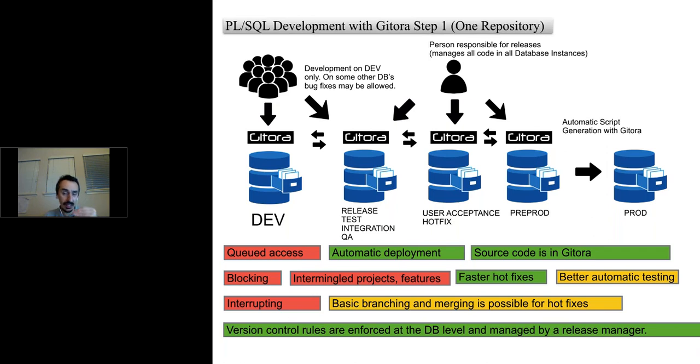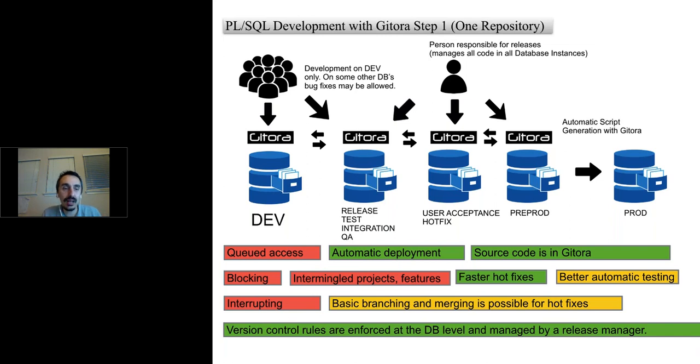And in Gitora, you can specify 2 commit points. The commit point of the production, and your current commit point. You give these 2 commit points to Gitora, and Gitora generates a script that will synchronize your production to your pre-prod.